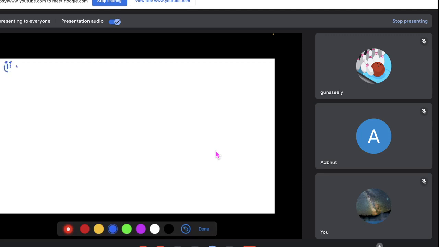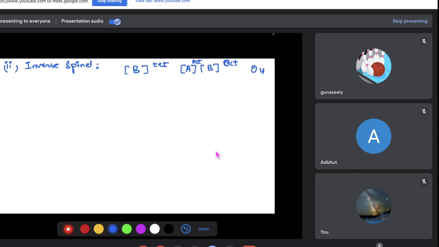Similarly, in inverse spinel, my trivalent ion gets distributed equally among octahedral and tetrahedral voids, and my divalent metal ion, that is A, occupies the octahedral void. Okay.